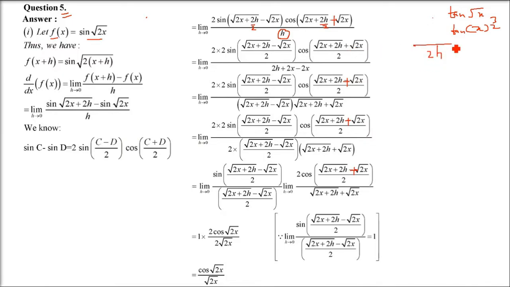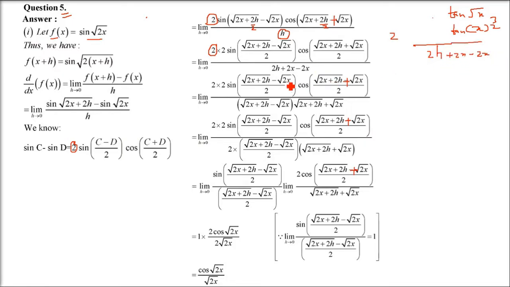This is in the denominator, so you have to multiply 2 in the numerator also. This 2 has come from the 2 sin and cos, and this 2 has come from this h. Now 2h is there, so you need 2x plus 2h. So you can add a 2x, you can subtract a 2x.